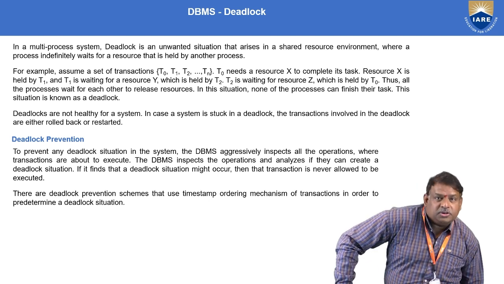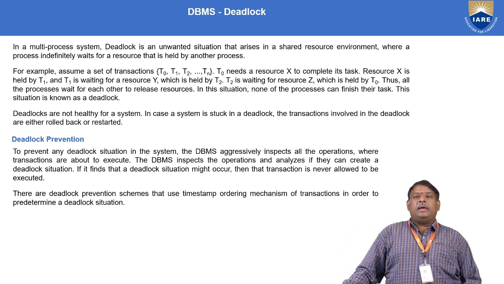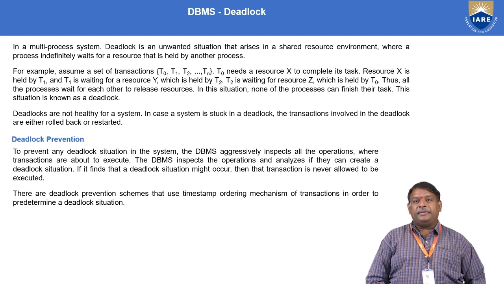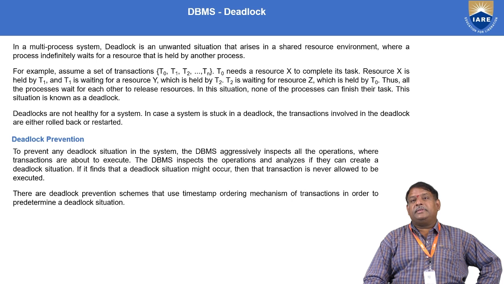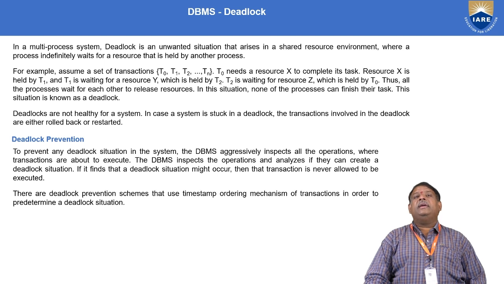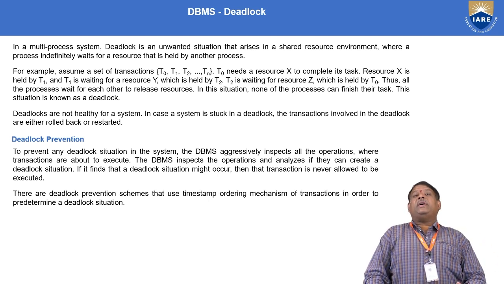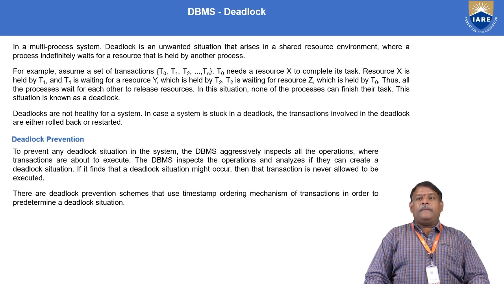The DBMS inspects the operations and analyzes if they can create a deadlock situation. If it finds that a deadlock situation might occur, then the transaction is never allowed to be executed.